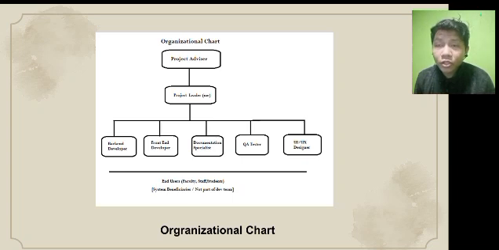Next, the documentation specialist, as we can see, there is a documentation specialist there. The documentation specialist is responsible for writing all official documents, proposals, the final report, and the user manual. They are also responsible for including system features such as legal bases, technical details, and research framework.